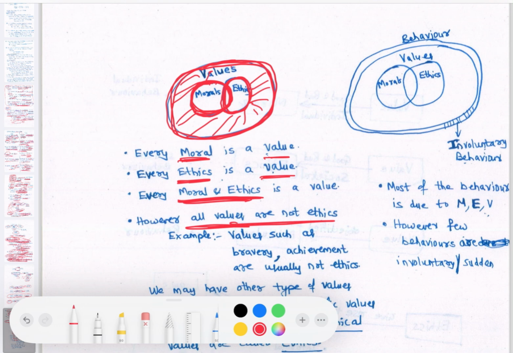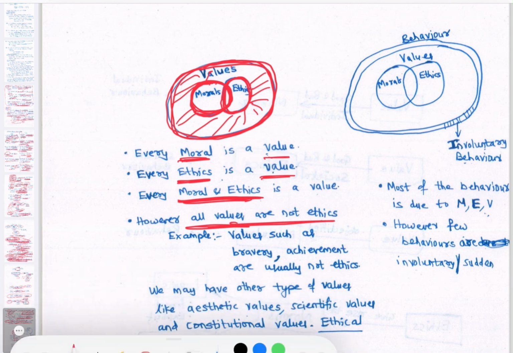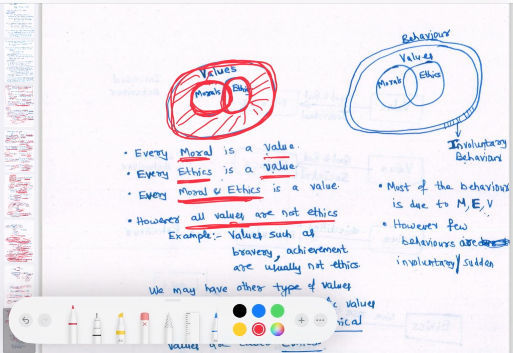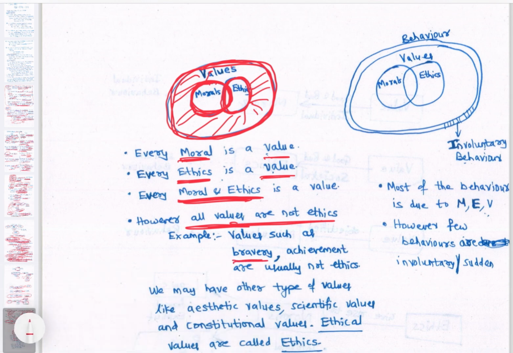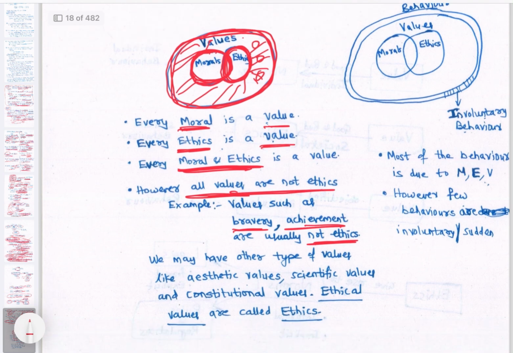Basic things we have already discussed. The Venn diagram is already made in class, that is why I am discussing. So for example, values such as bravery and achievement. Bravery and achievement are usually not ethics. So bravery is a value but not ethics. We may have other types of values like aesthetic values, scientific values and constitutional values. Ethical values are ethics.